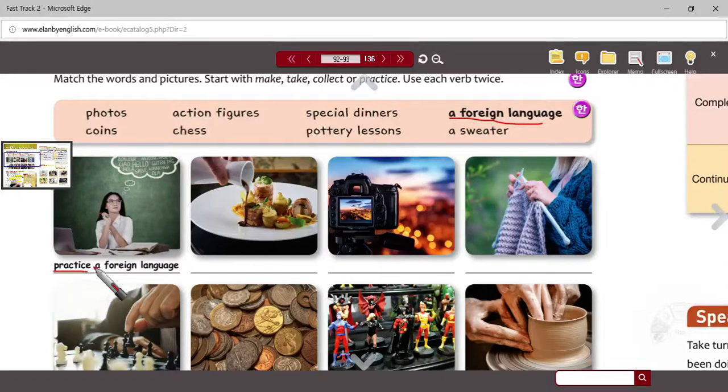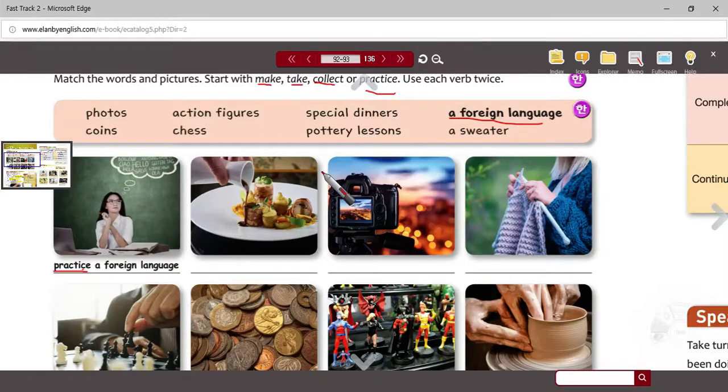Okay, now we're using American English, so we're going to spell it with the letter C. Okay, and after you match these phrases or words with these pictures, you're going to precede them with one of the following 4 verbs. Okay, just to see how smart you are.